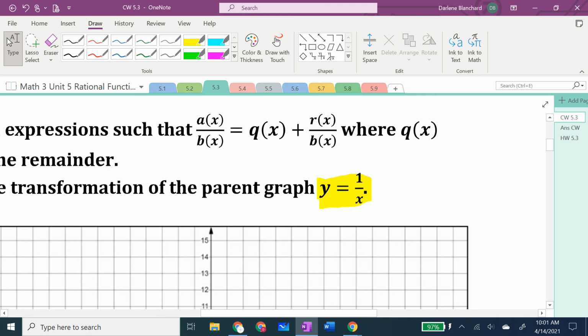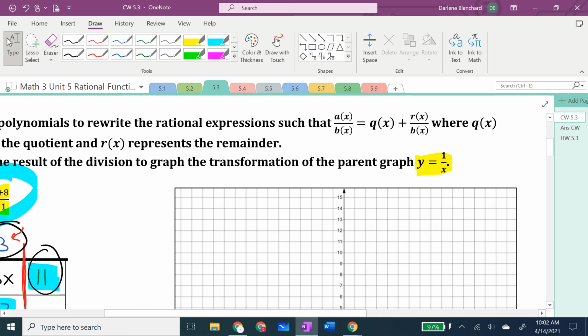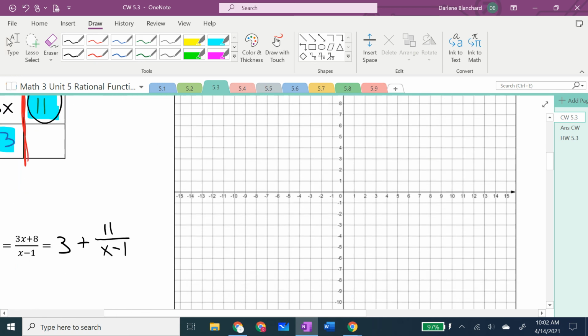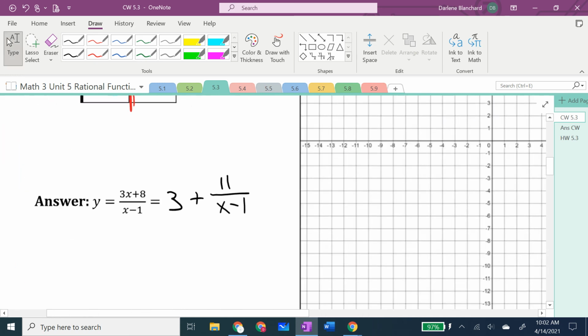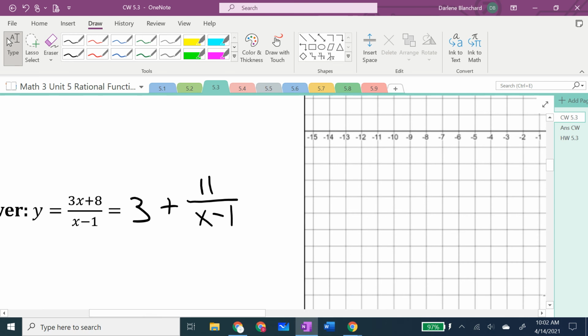So realize that this allows you to graph a whole bunch of different rational functions. And then later we're going to go to higher degree issues, but right now I'm just sticking to linear over linear. All of them can be written as 1 over x with some sort of transformation.